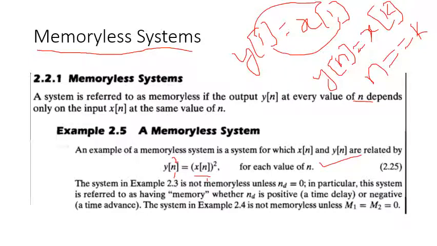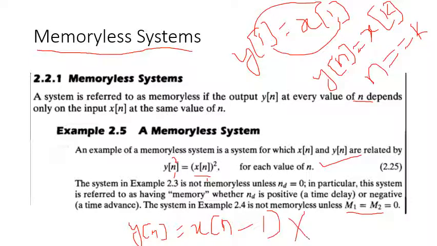But what about the moving average system or the ideal delay system? The ideal delay system is y of n equal to x of n minus nd, and we are taking the value of nd as 1.